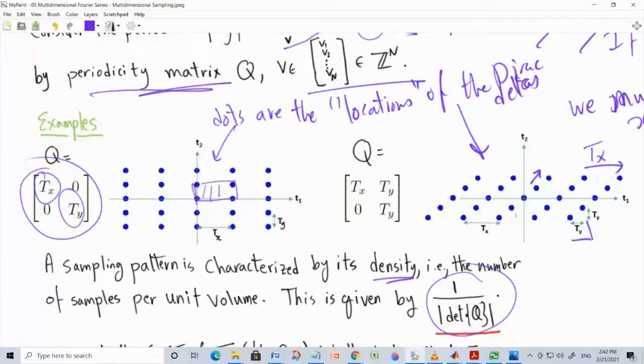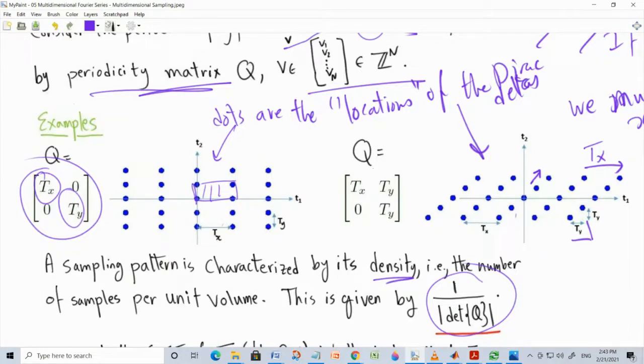And this will be an important parameter. Why? Because what if you have a band-limited signal, and it would be nice if you can sample that signal without problems, without distortion, without aliasing, with the minimum possible density? Because you can take many samples from a signal, but this will overwhelm your processing and storage capabilities. So you can play with the patterns, and again, this will become clear in the coming lecture.